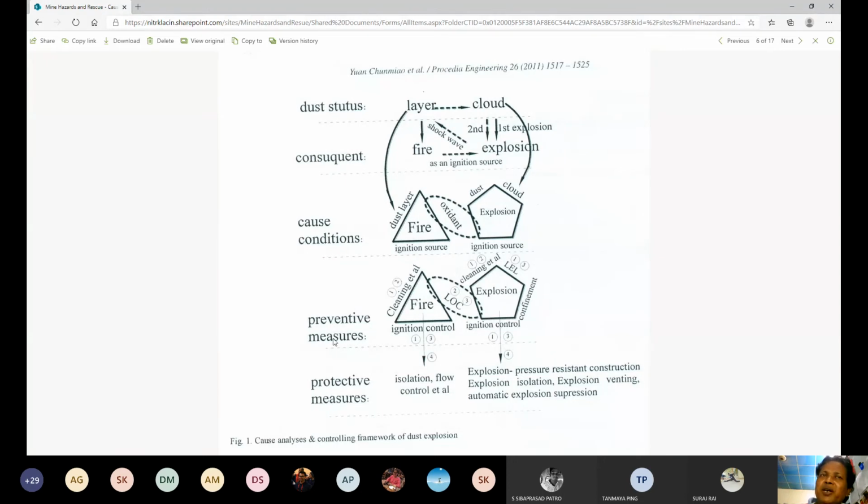So how to prevent? We have discussed also prevention of the coal dust explosion by cleaning the coal dust from the mining area, by controlling the ignition source, by limiting the oxygen concentration. The oxygen concentration should be reduced in the fire area, so that explosion fire is not going to take place.